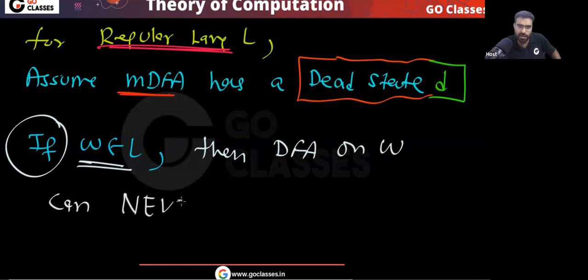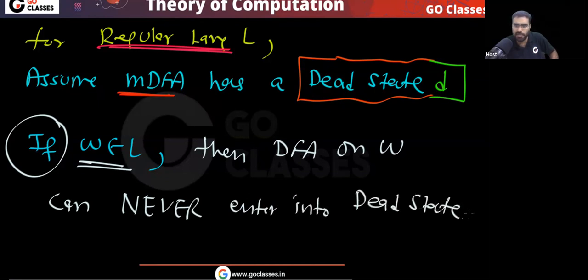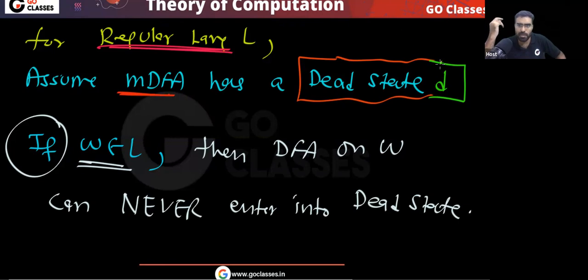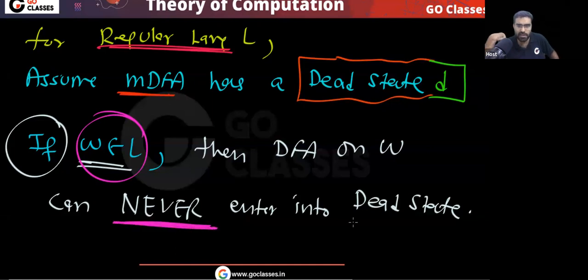Agree? So it's a very simple point: for a regular language L, if your minimal DFA has a dead state, then the strings which belong to L will never enter into the dead state. Agree or not?